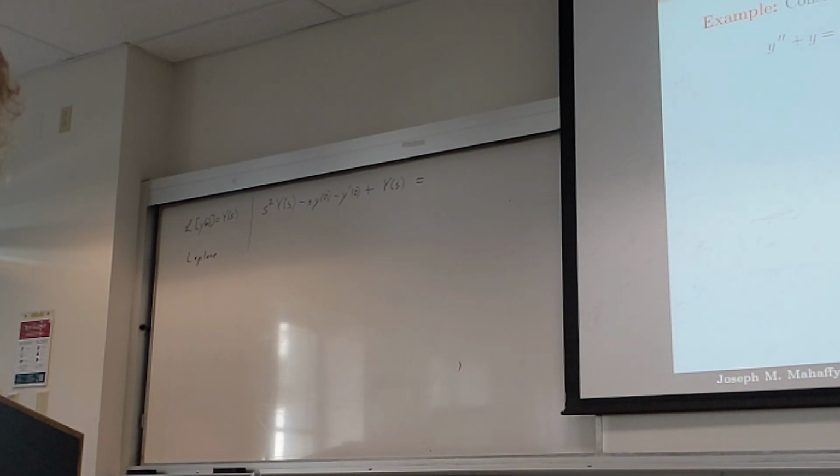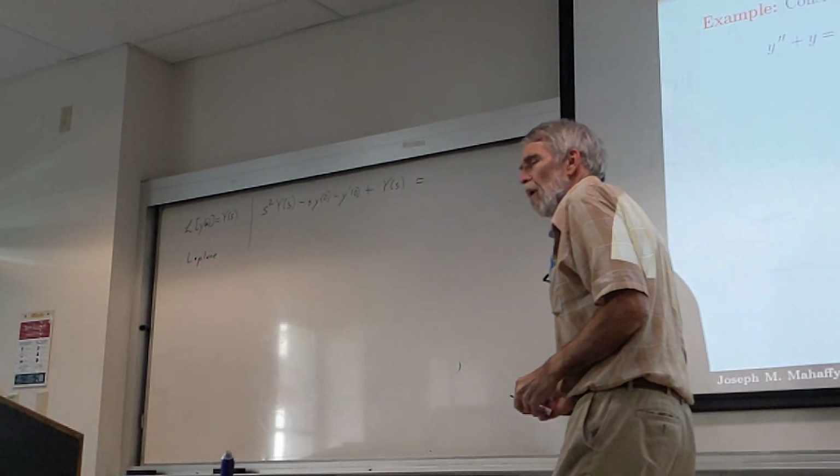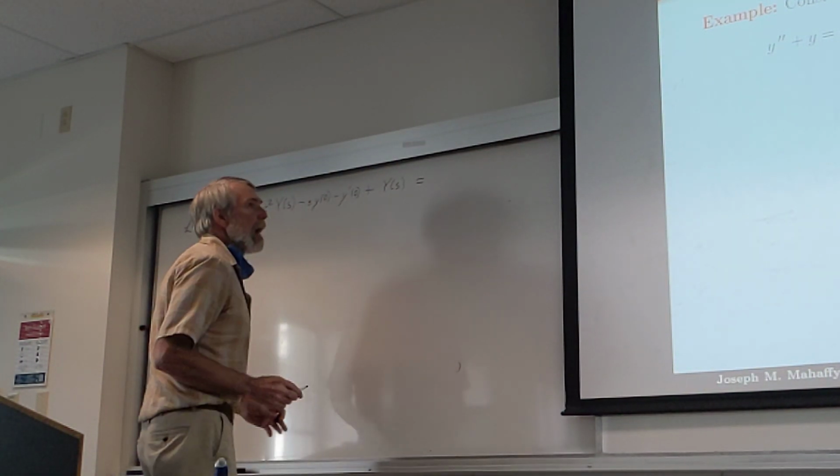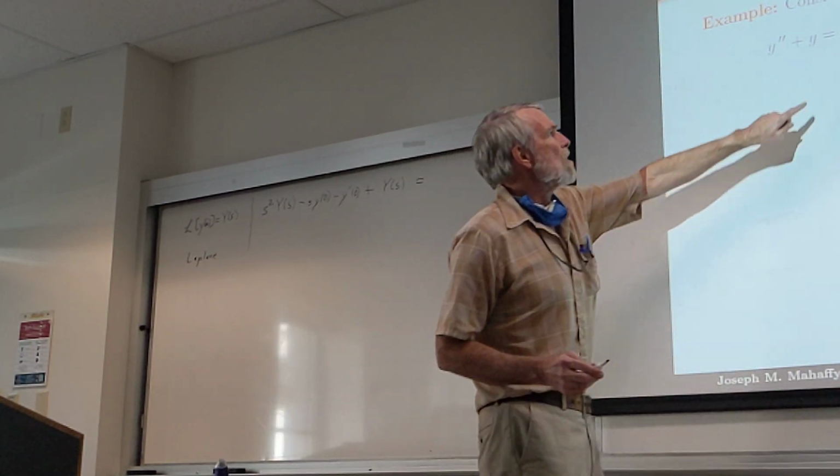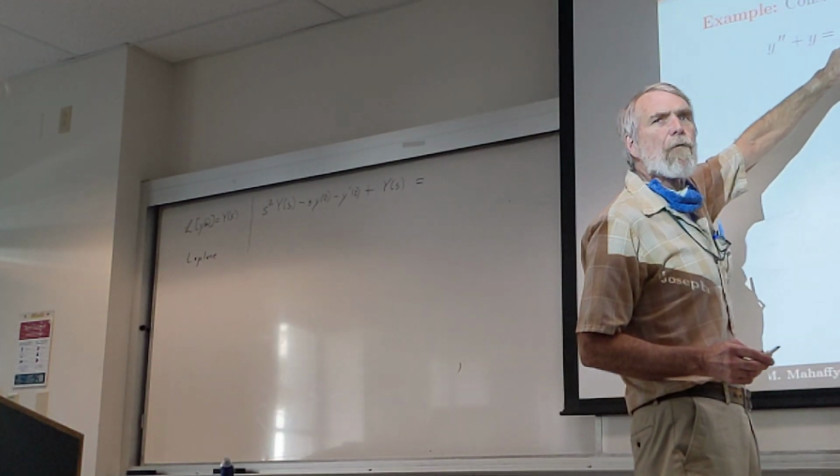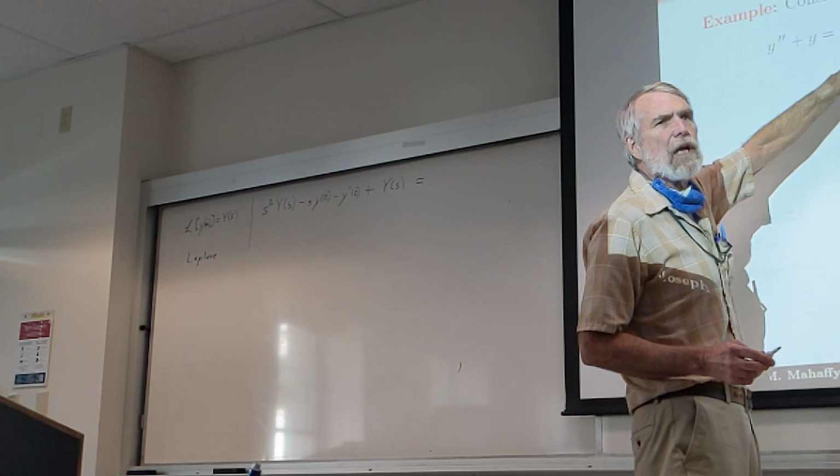Well, the cosine 2t just gives us s over s squared plus 4. That's in our Laplace table. So when I then multiply by this e to the minus t, everywhere I see an s, I put an s plus 1.